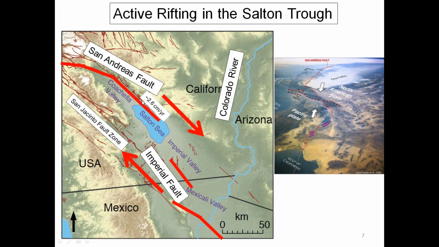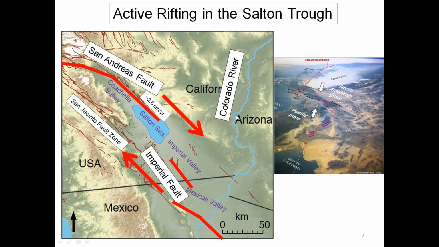The motion along San Andreas fault is 2.6 centimeters per year currently, and the motion along Imperial fault is 3.5 centimeters per year. Some of the Imperial fault motion is transferred into the San Jacinto fault zone to the west.